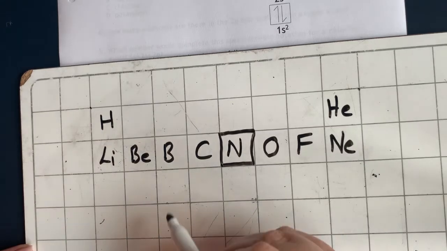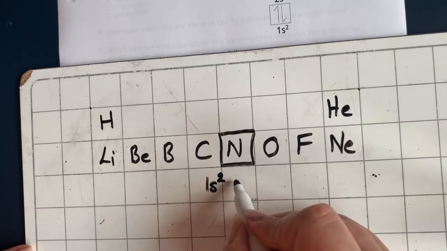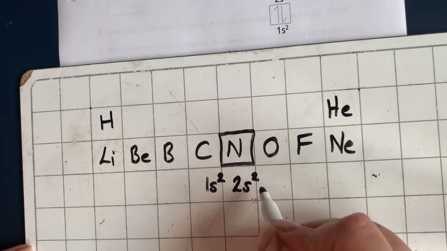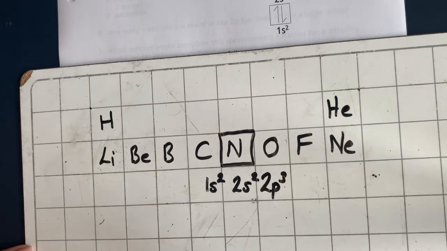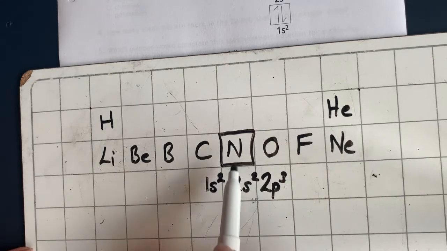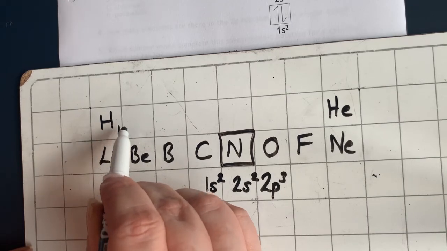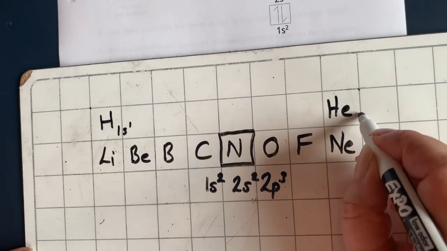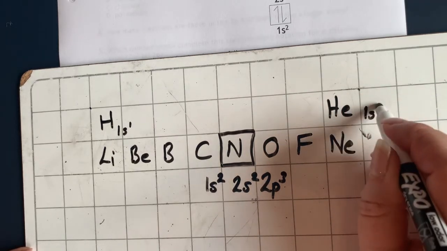Nitrogen spectroscopic notation was 1s2, 2s2, 2p3. However, if we look back, we can see that hydrogen's was 1s1 and helium's was 1s2.